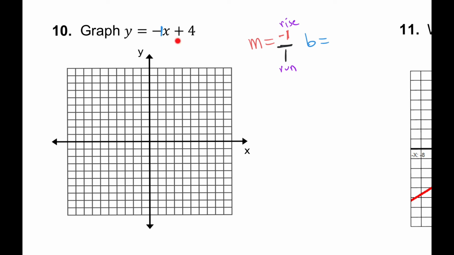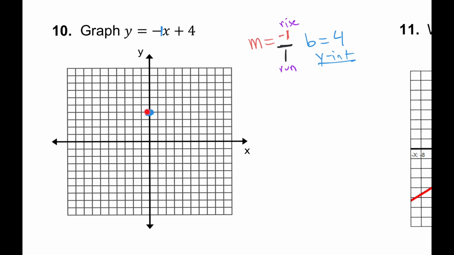The y-intercept is the constant after the x, so the 4, positive 4, will be your y-intercept. And I'm going to put here y-intercept. We always start with the y-intercept. That's where you go first. So from the origin, you guys go up 4. 1, 2, 3, 4. You plot a point right there, and you stay at that point.